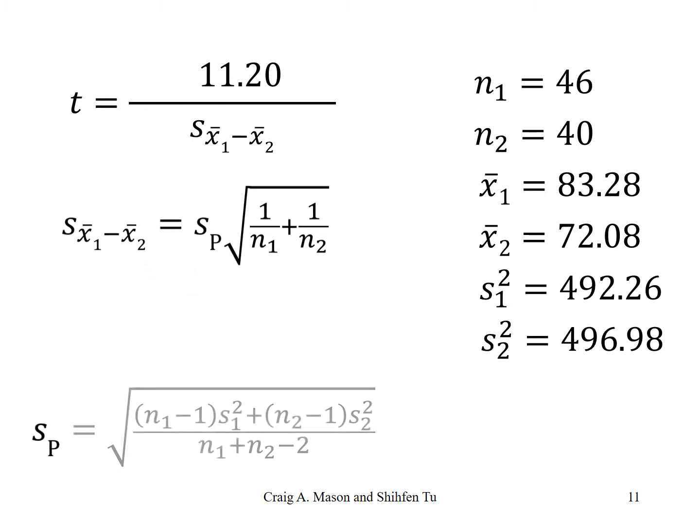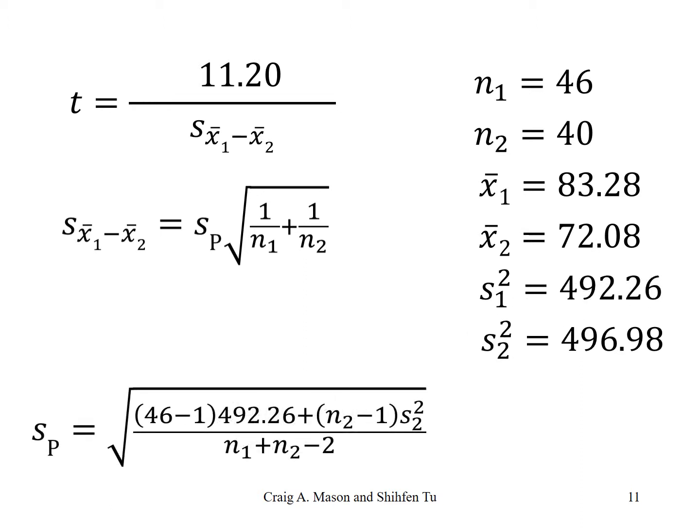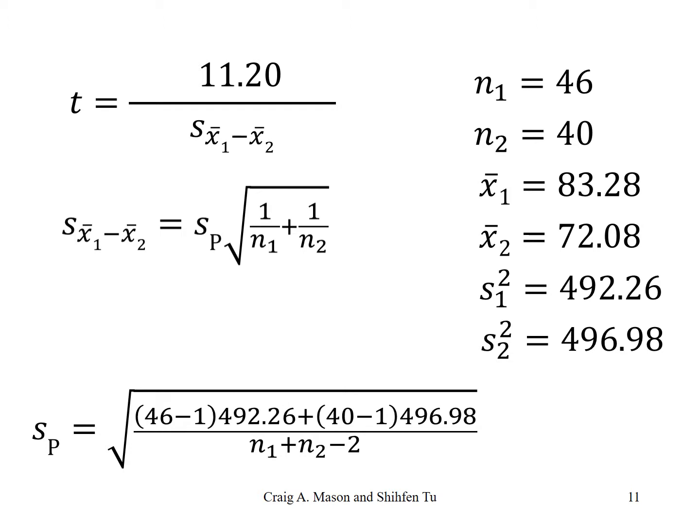The pooled standard deviation is the square root of n1, or 46 minus 1, times the variance for sample 1, which was 492.26, plus n2, or 40 minus 1, times the variance for sample 2, which was 496.98. We then divide all of that by n1 plus n2 minus 2, so let's plug in 46 and 40 for the two n's.